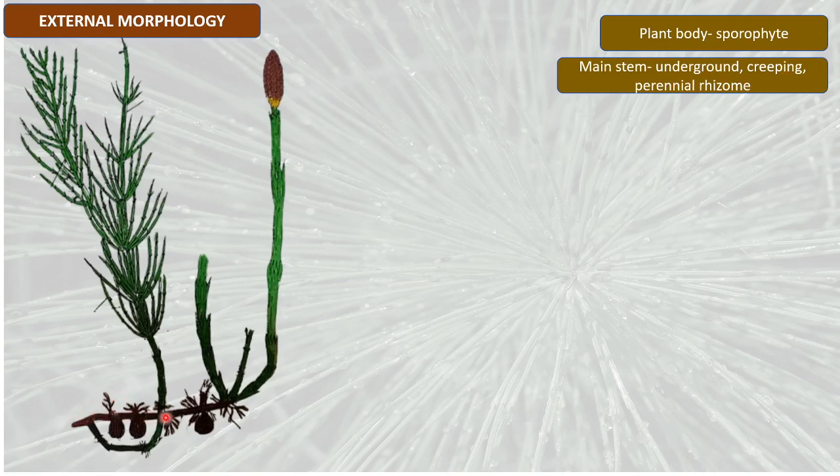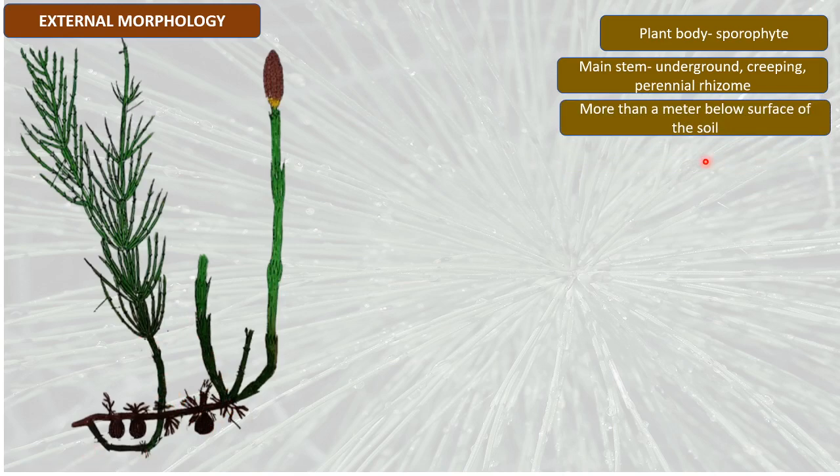This main stem, the rhizome, then gives rise to the roots and the stem, that is the aerial shoot, right? As I told, it can be found more than a meter below the surface of the soil.